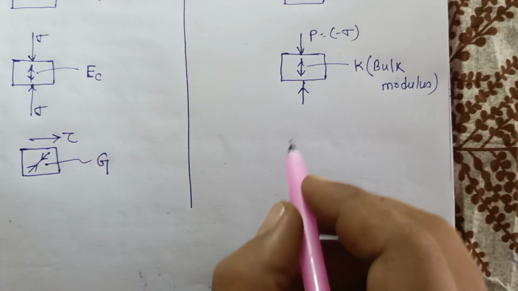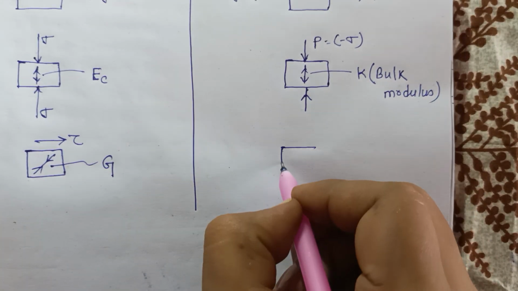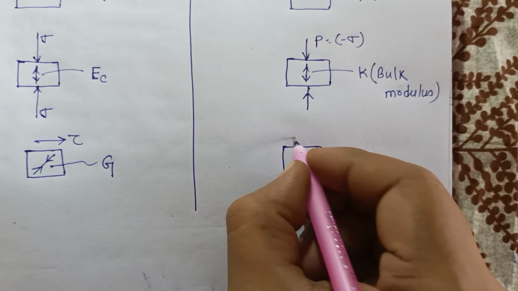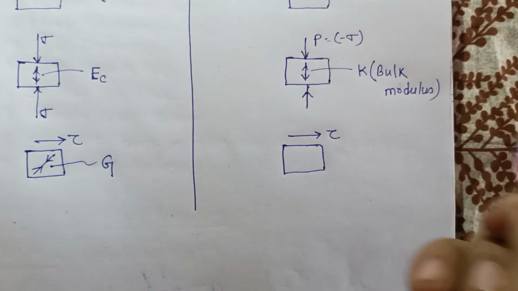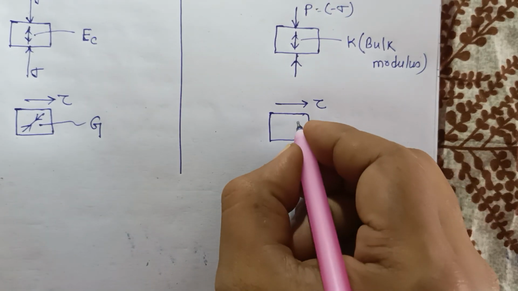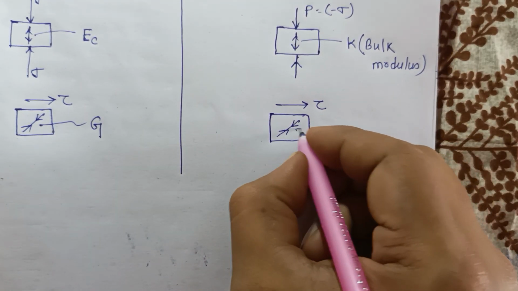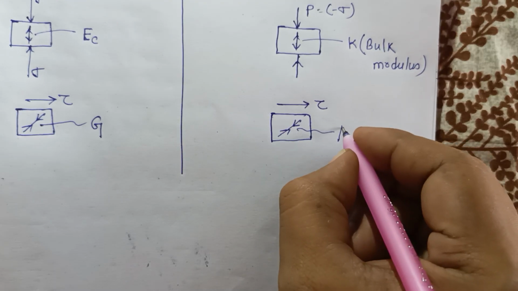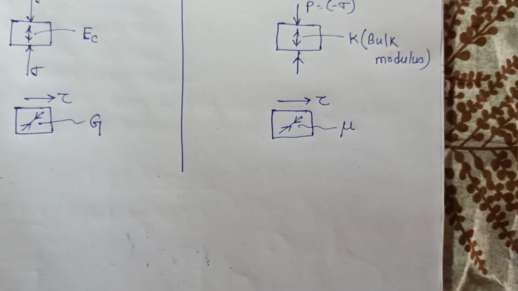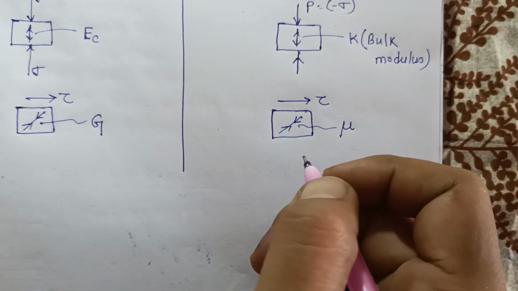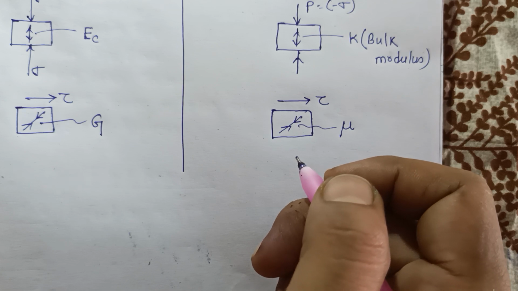And for the fluid element, if there is shear stress, the viscosity comes into the picture. So mu is the viscosity coming into the picture due to the shear stress on the fluid element. Due to that, the fluid motion is started or created.